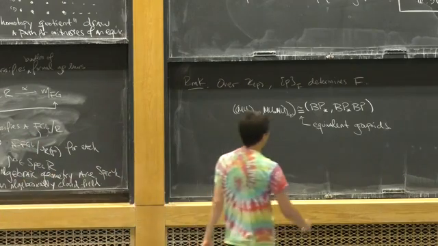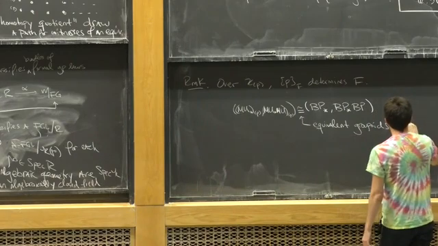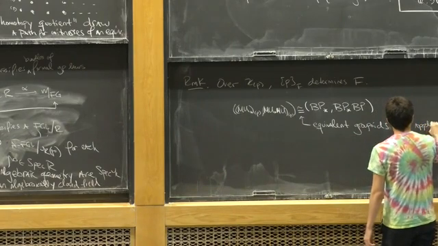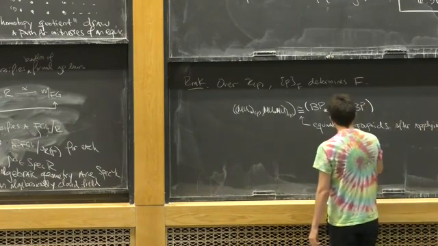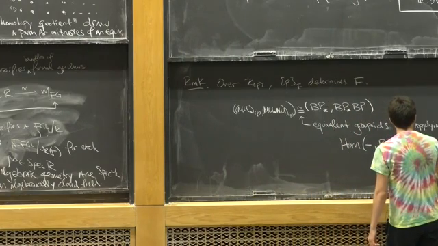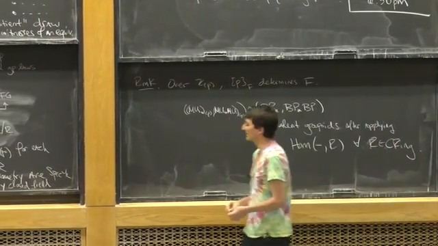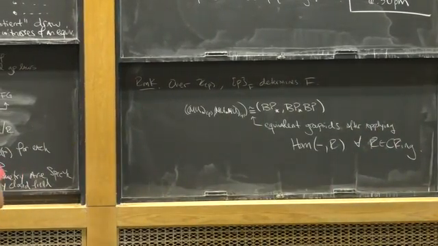Yeah, equivalent groupoids after applying Homs of rings into R for all commutative rings. Yeah, thank you. Okay, great.